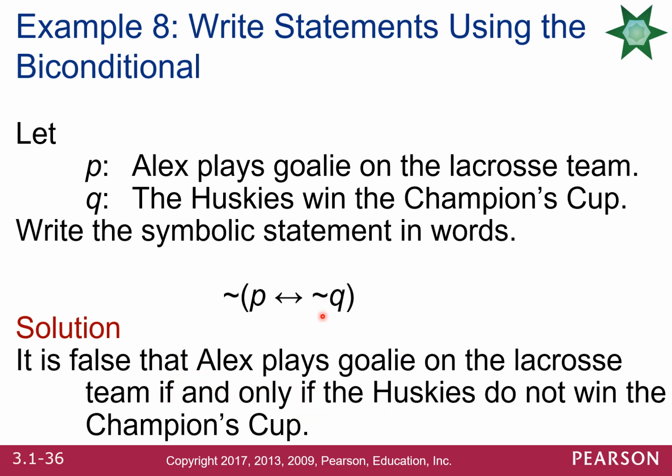And then there's negation to Q, which is the Huskies win the Champions Cup. So here we have to include a not because of the negation. So we have to say the Huskies do not win the Champions Cup. So the whole sentence is, it is false that Alex plays goalie on the lacrosse team if and only if the Huskies do not win the Champions Cup.